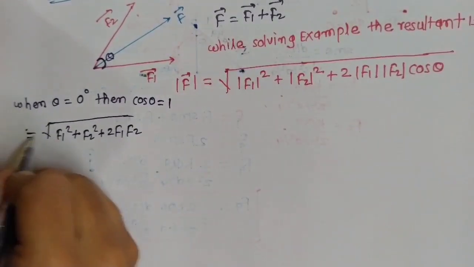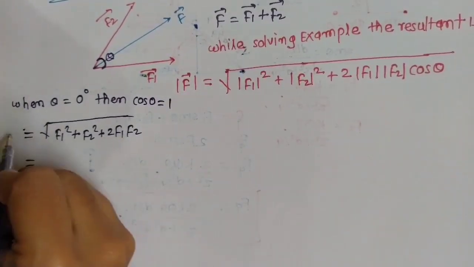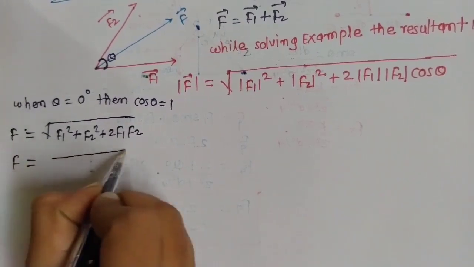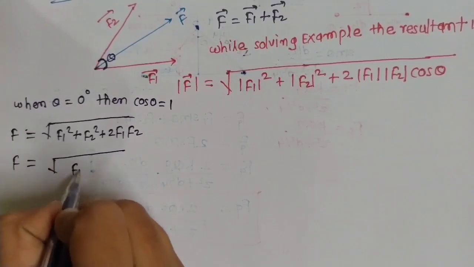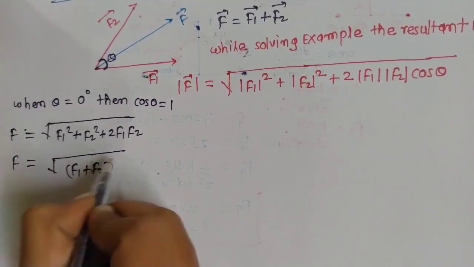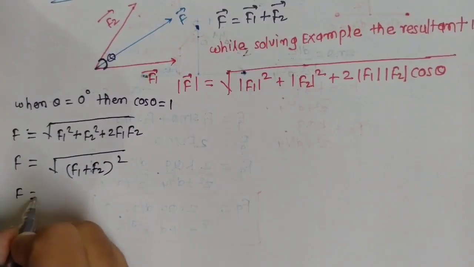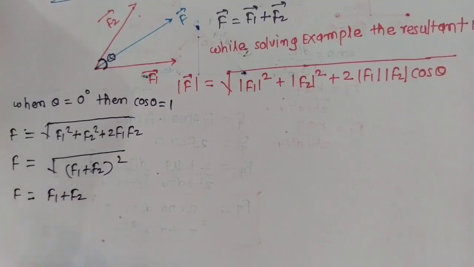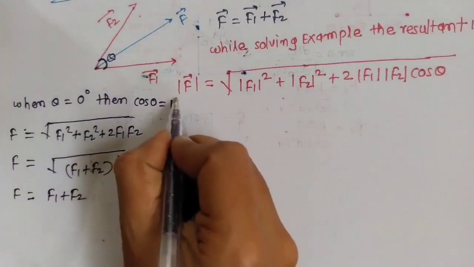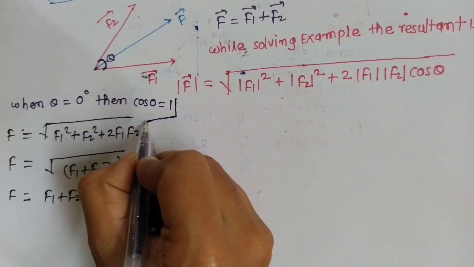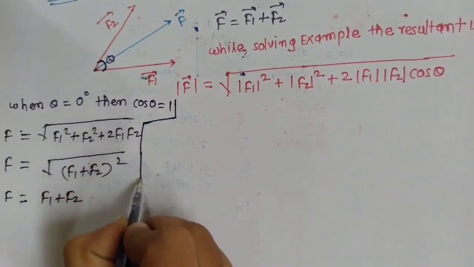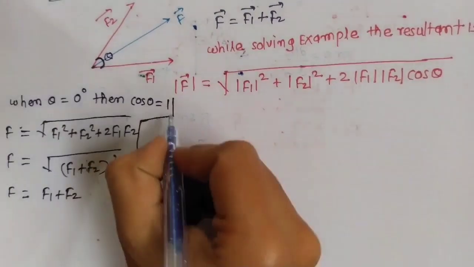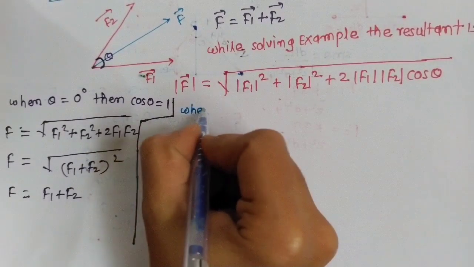We can write it as F1 plus F2 whole square, that is square and square root get cancelled. F is equal to F1 plus F2 when theta is 0 degree. When the angle between two vectors is 0 degree, then F is equal to F1 plus F2.